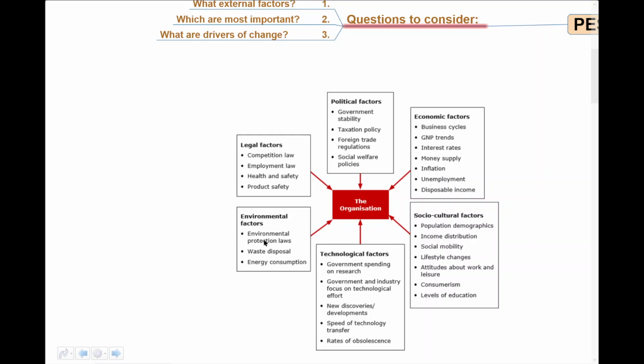Are we complying with them? Will they be changing? Is there news of significant changes? You only have to look at many governments and their carbon emission targets, which have come down really in the last 5 to 10 years from 2050, even 2060, down to 2025 and 2030. Things change over time. And if you're not using tools such as PESTEL to monitor the environment, you could end up falling foul of the law.